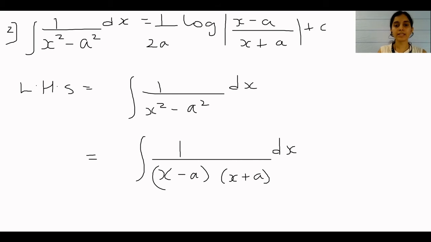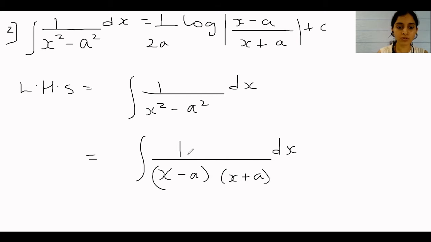Now if you can see the right hand side, it requires x minus a in the numerator. Also if you could work it in the reverse order. Work it in the reverse order means what? What do I require on the right hand side? Log of a upon b, that is log of a minus log of b is what I require. x minus a minus x plus a.